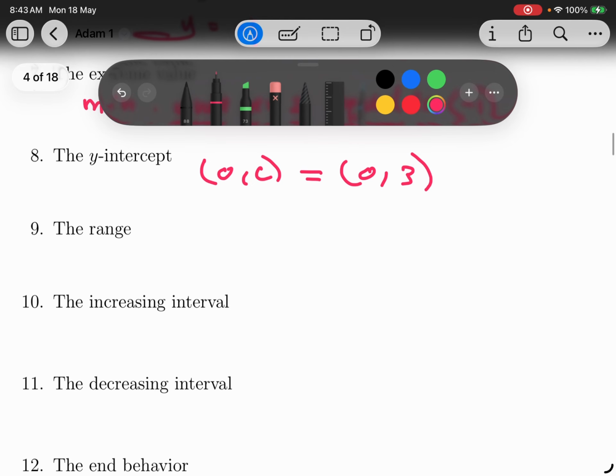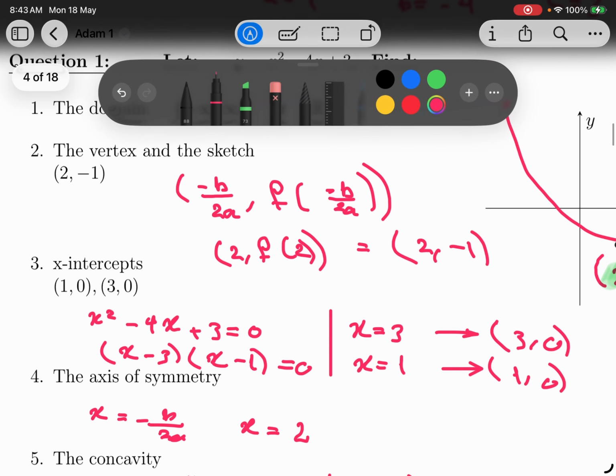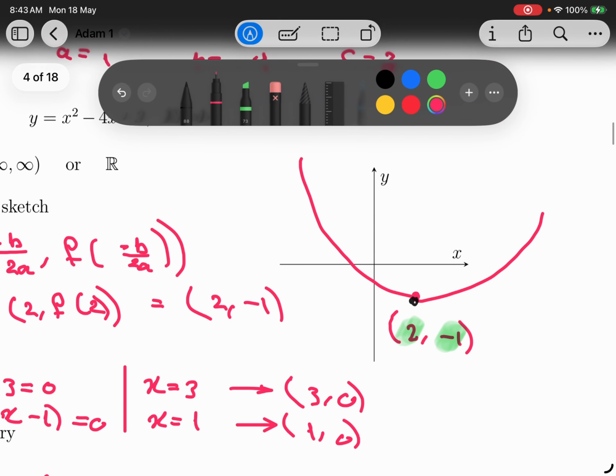So here the range. The range means the set of outputs. So we can realize that all possible outputs started from this point. Look at this. It started from this point on the y-axis and goes endless to infinity.